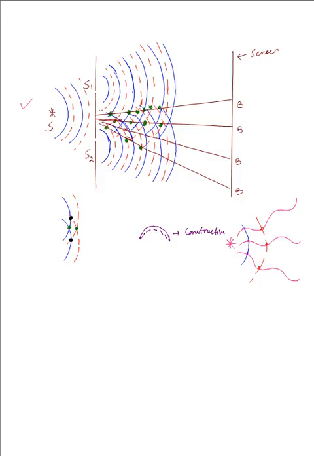While a crest interfering with a trough results in destructive interference, or lesser intensity. So a higher, or maximum, intensity in this case, and a minimum intensity in this case.